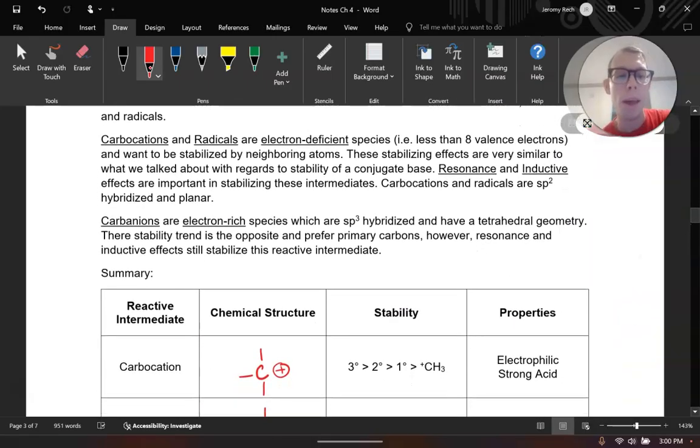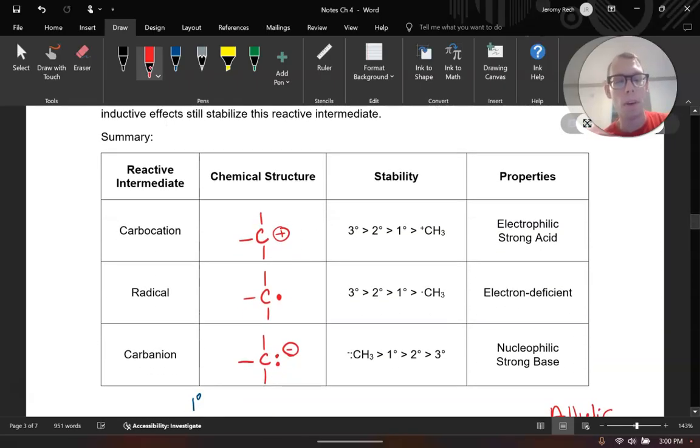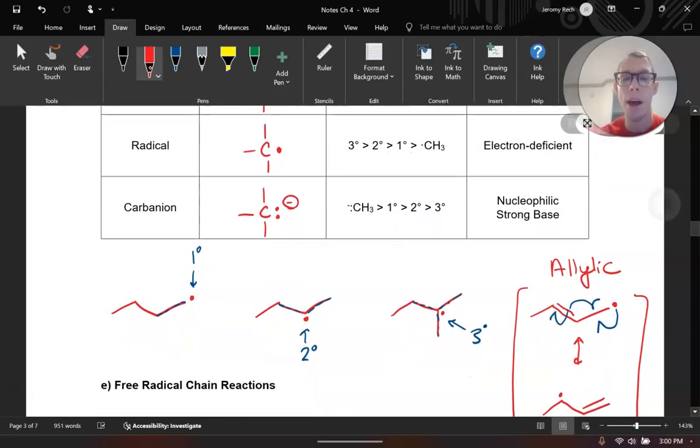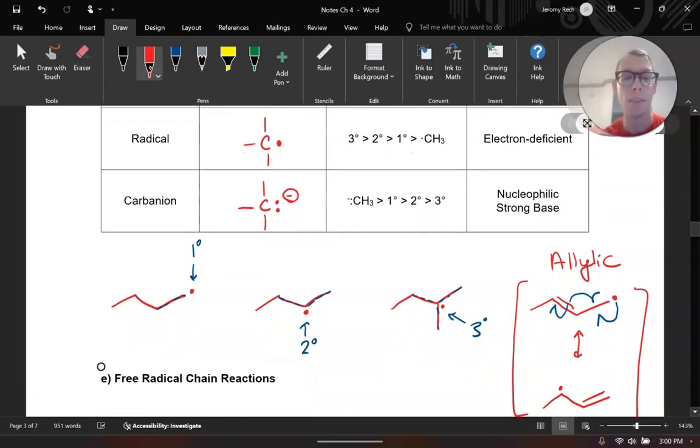So we have carbocations, carbanions, and radicals. We are going to focus a ton on radicals in chapter 4, and then we will talk about carbocations a lot in chapter 6 when we're talking about substitution reactions and the stability of your reactive intermediates, especially your carbocation and your radical, is going to be focused on surrounding them.